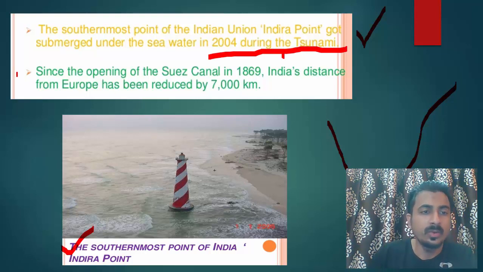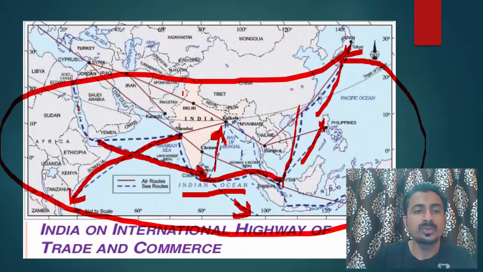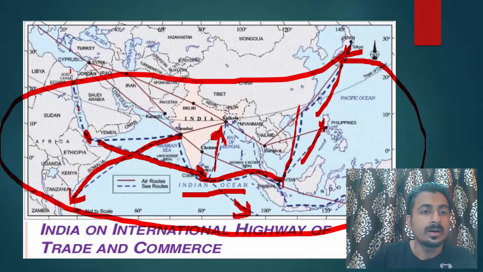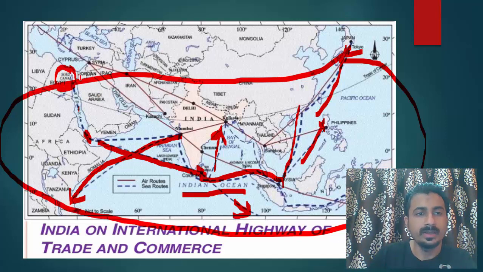Now it is giving us one important point regarding trade, that before the Suez Canal was made, the Suez Canal is here, Red Sea. Oh sorry, not here. I'm pardoning. The Suez Canal is here. This is written, you can see. So between Egypt and Saudi, there was a landmass called the Sinai Peninsula.